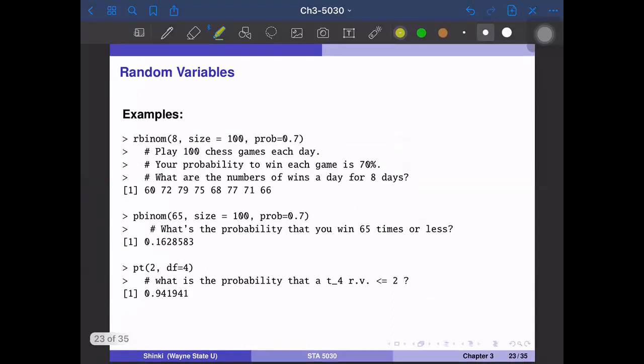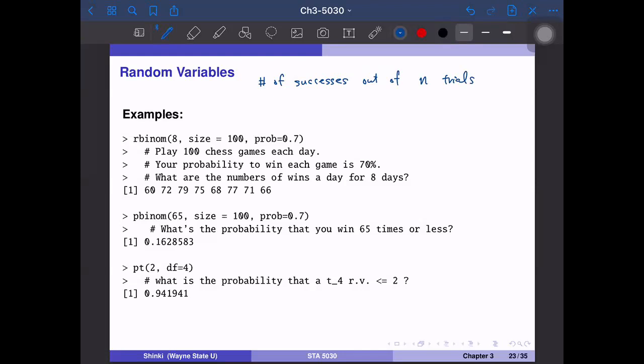Okay, so this is binomial random variables. Remember that the binomial random variable represents the number of successes out of a pre-specified number of observations, out of n trials.